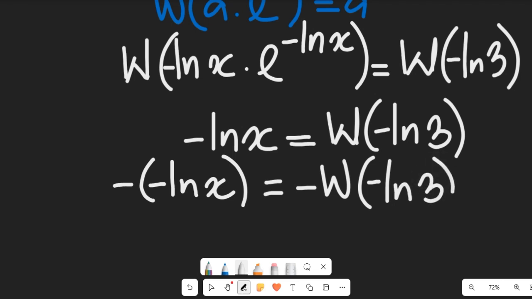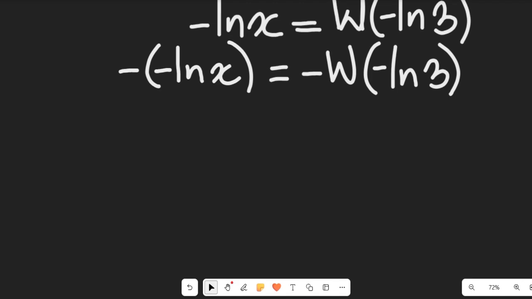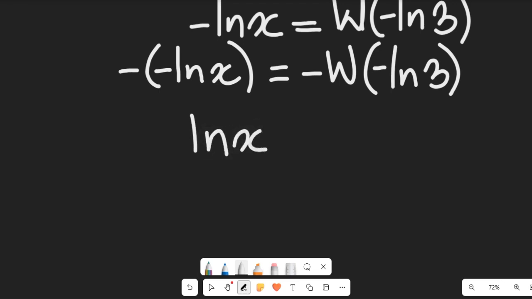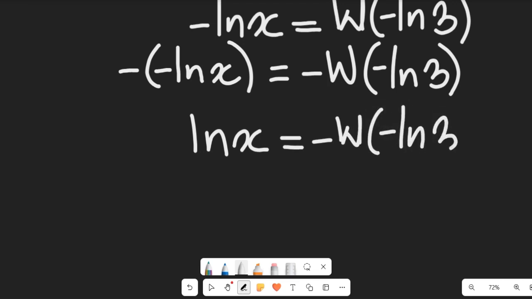Now, why do we do this? We did this so as to easily simplify the left hand side. Negative multiplied by negative will give us ln of x, and ln of x is equal to negative the Lambert W of negative ln of 3.